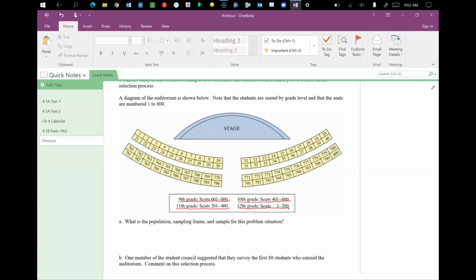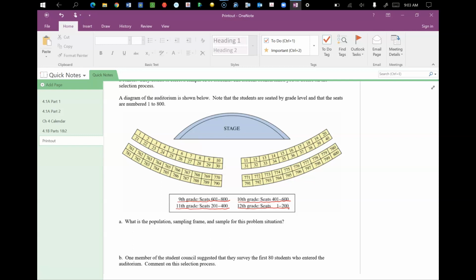Now let's look at the seating arrangement. So 12th graders are in the first 10 rows, I believe, because they are 1 through 200, and there's 20 per row. And then 11th graders are in the next 20 rows, 201 through 400. And then 10th graders in the next 200 are 20 rows, and 9th graders in the last 20 rows.